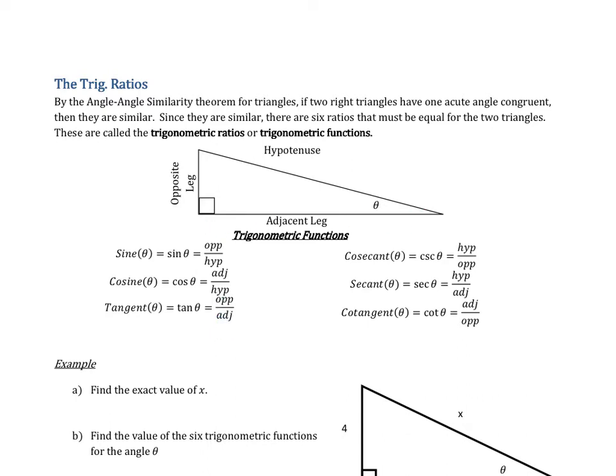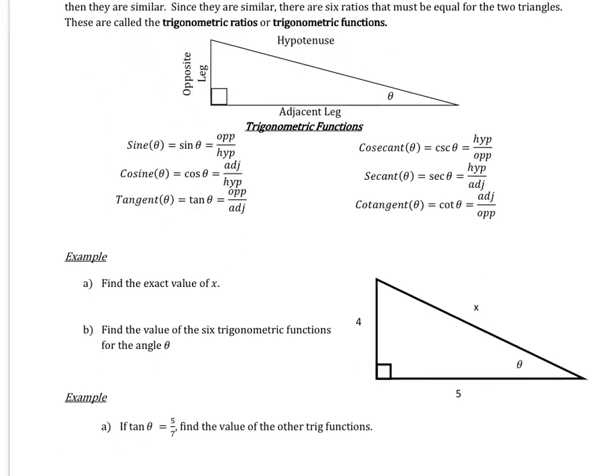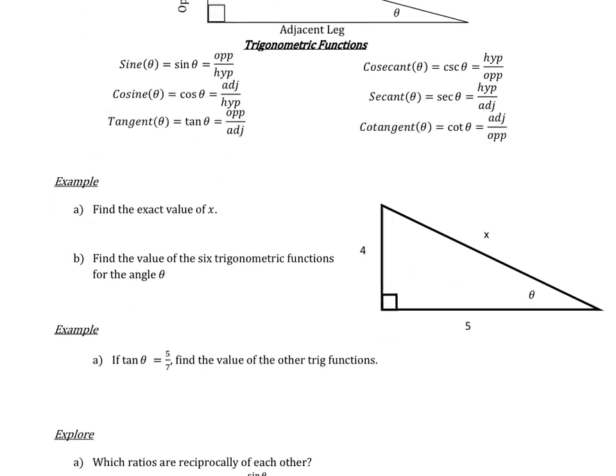You're probably familiar with those from geometry. Some new ones, though, we're going to flip them around. Sometimes we want to put the hypotenuse on top of the opposite. That's going to be called the cosecant. The hypotenuse over the adjacent is the secant. The adjacent over the opposite, just flipping this around, gives us cotangent. So there are our definitions of our trig relationships, trig formulas.